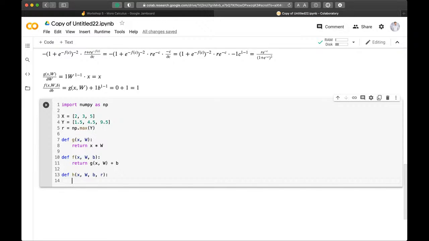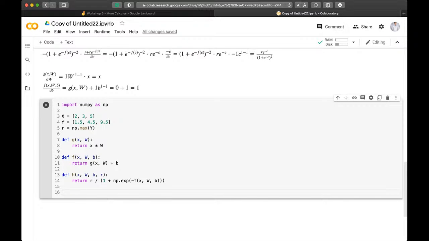So this is then the return of r divided by 1 plus np exponent of minus f. It's very nice that Python now allows us to write it in a very similar way to the equations. So the h is actually y prime already, so that's great.